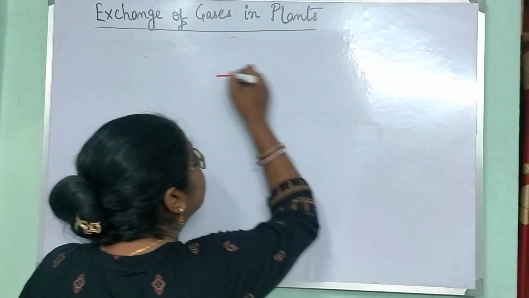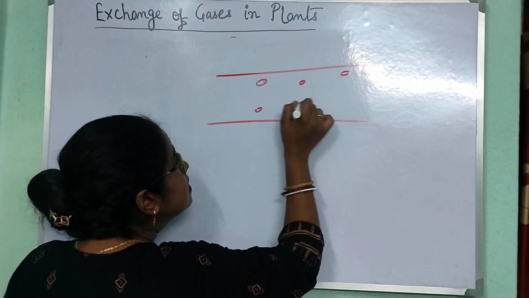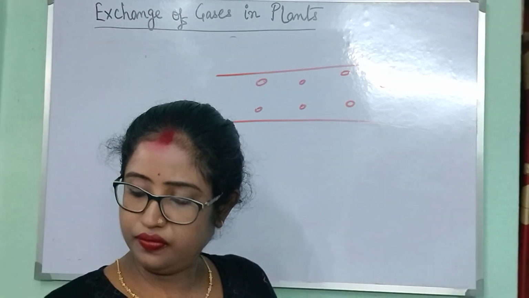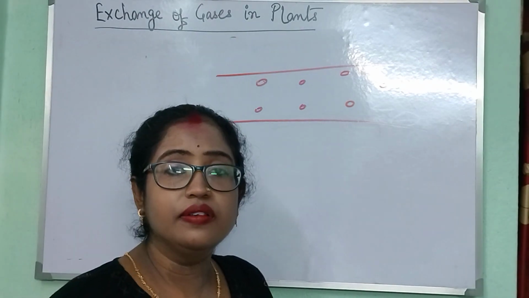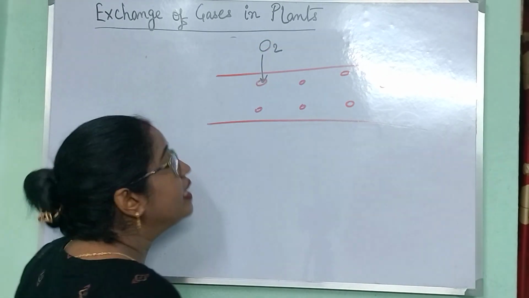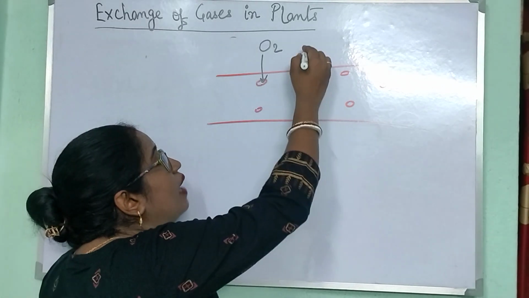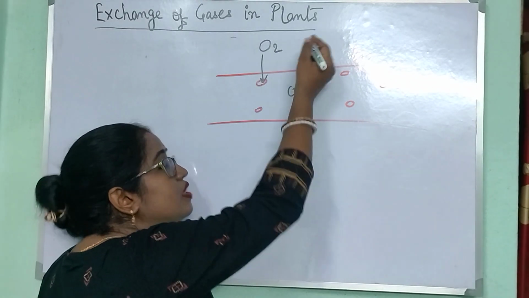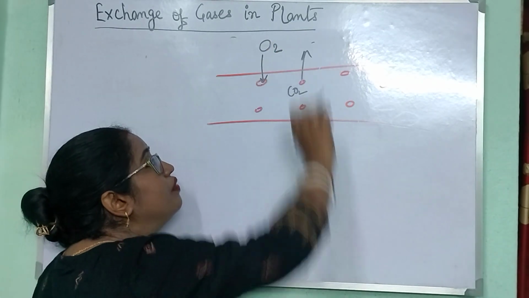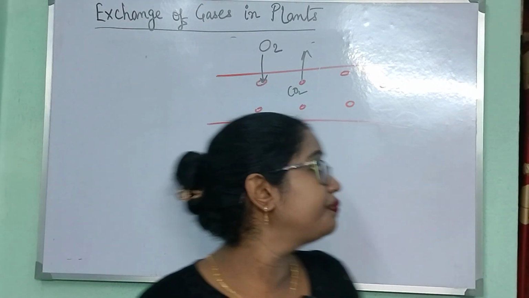So the woody stem, there are small openings known as lenticels. So the oxygen present in air diffuses in through these lenticels, and the carbon dioxide that should be eliminated from the plant cell diffuses out from these lenticels via the simple diffusion process.